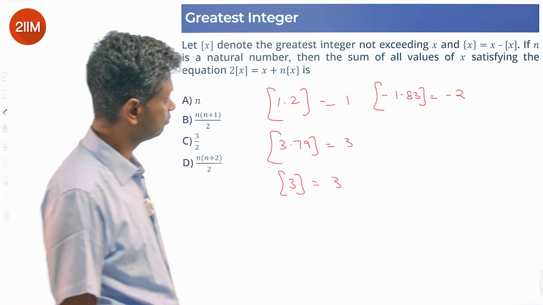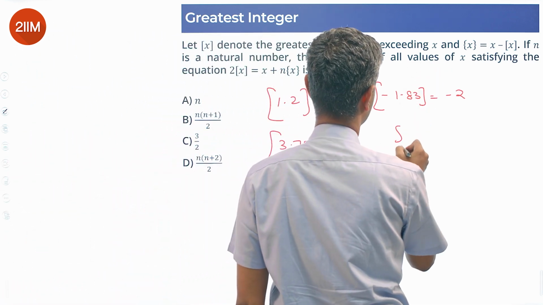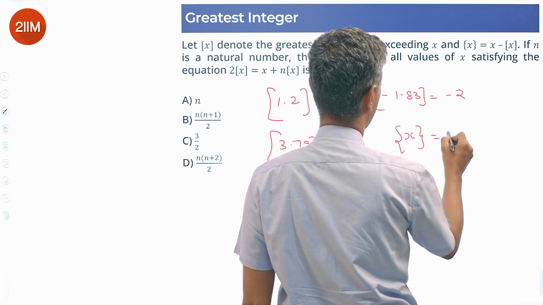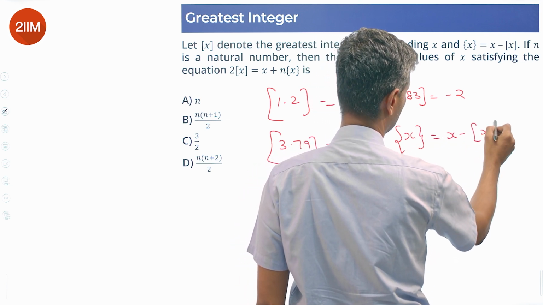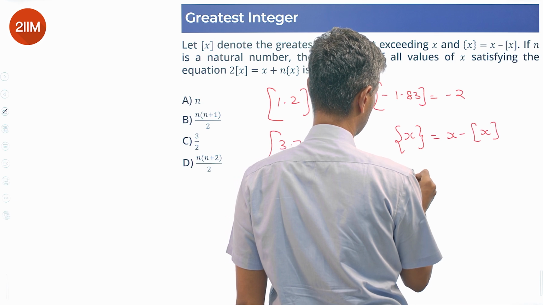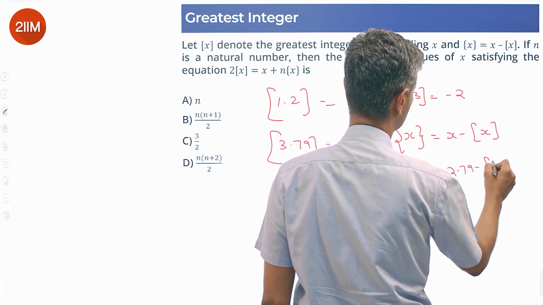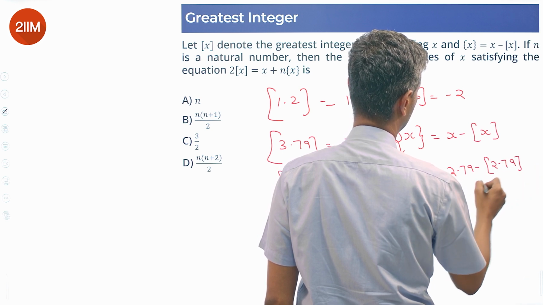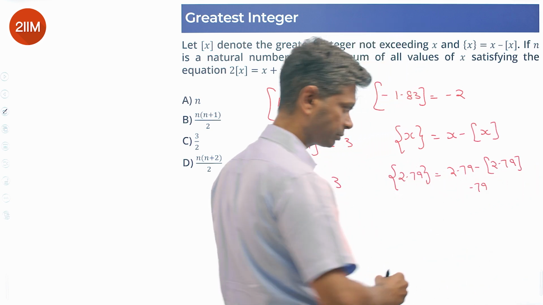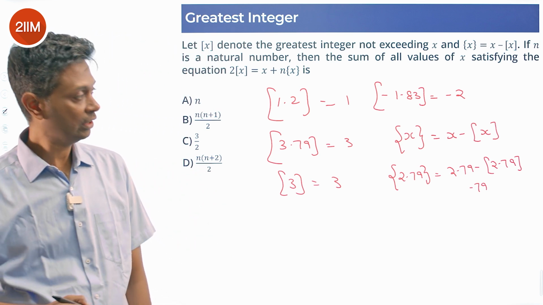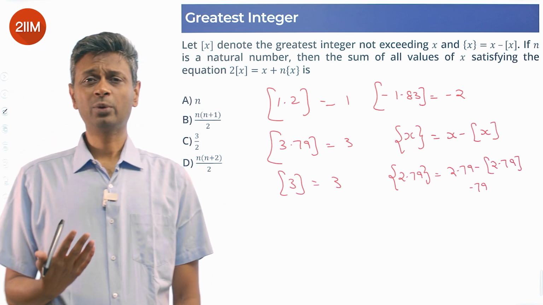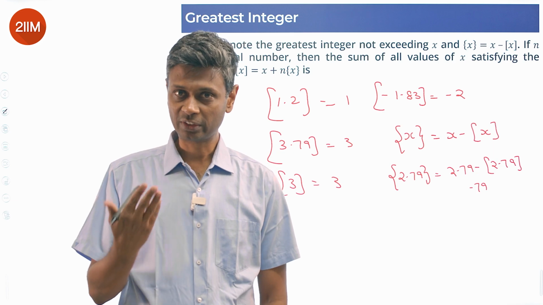And I'm going to call this curve bracket of x is x minus greatest integer of x. So curve bracket of 2.79 is 2.79 minus greatest integer of 2.79, which is 0.79. Lovely. So for want of a better word, I'm going to call it the decimal part of x.